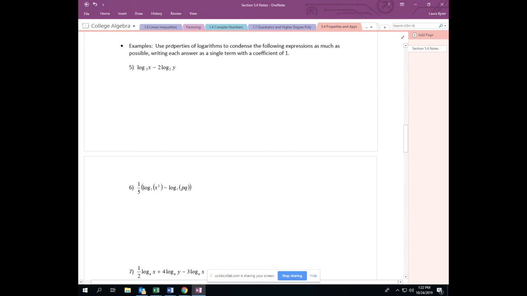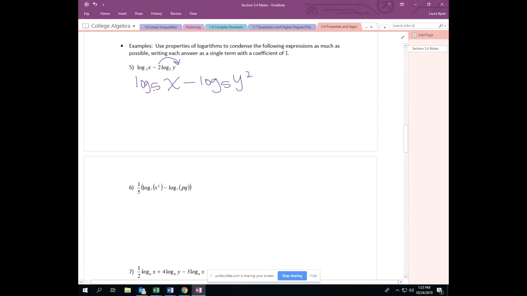So, for example, in number 5, the first part has no coefficient, which means no power, but the second part has a coefficient of 2, so that's going to go up to the top, and this is going to look like log base 5 of x minus log base 5 of y squared.